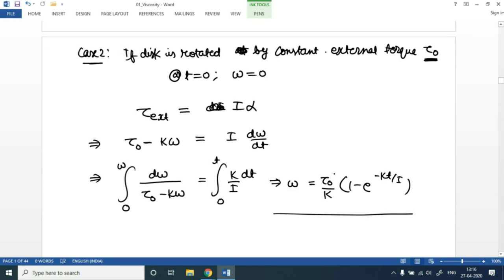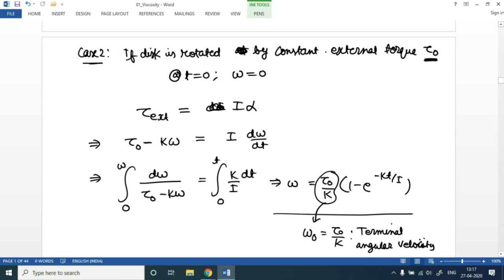After a very long time, the disk will continue to rotate with this angular velocity, omega naught, equal to tau naught by k. That would be the terminal angular velocity. At this instant, the net torque acting on the disk will be equal to 0.